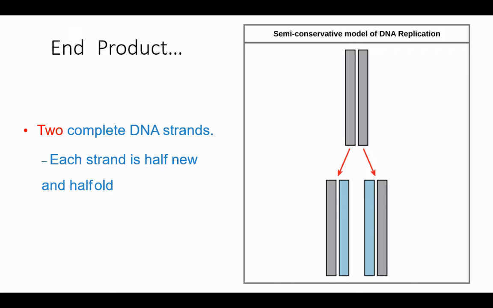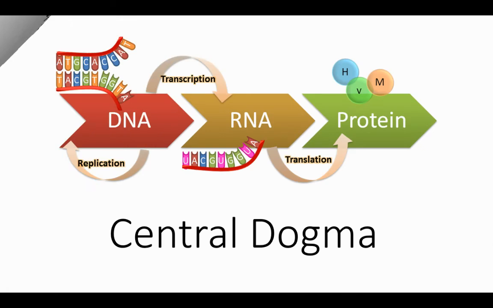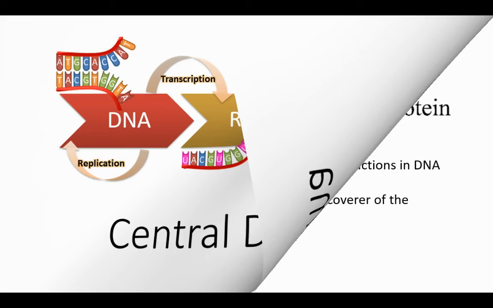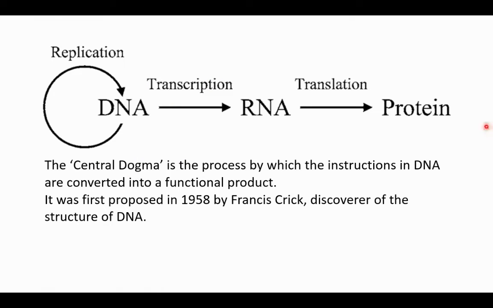So let's continue. This time we're gonna go to the central dogma. We started already with the replication. This time we're gonna be going to transcription and then translation. So the central dogma is actually the process in which the instructions on the DNA is converted to functional proteins.